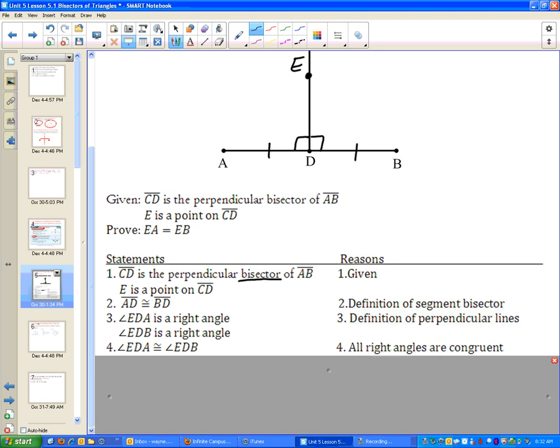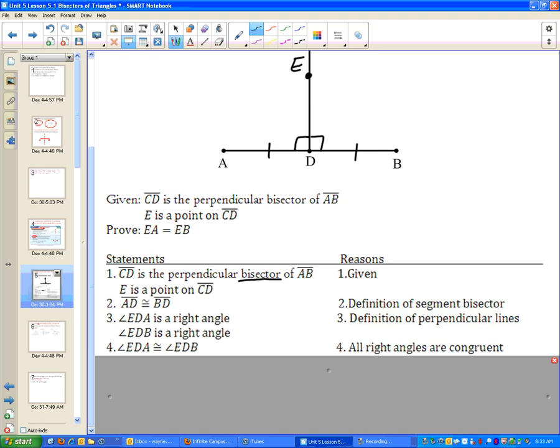So angle EDA is congruent to angle EDB. All right. Y'all with me so far?